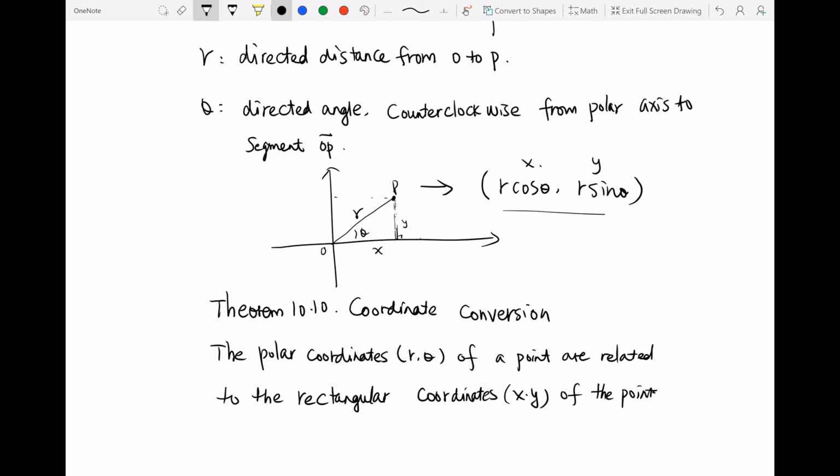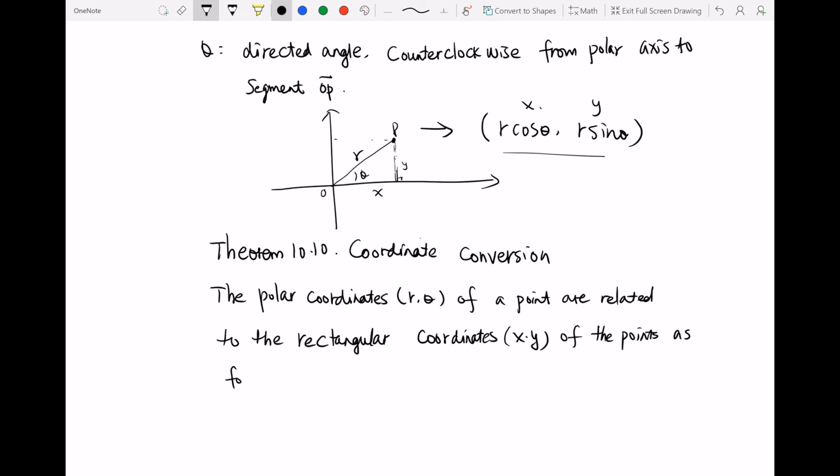So basically, I just write what we just discussed again. What we have is x equals r cosine theta, y equals r sine theta, and second, tangent theta. If you take trigonometry, tan is opposite over adjacent, right? It's y over x.